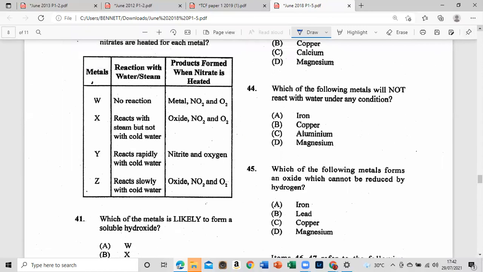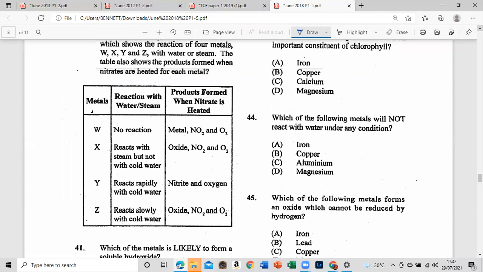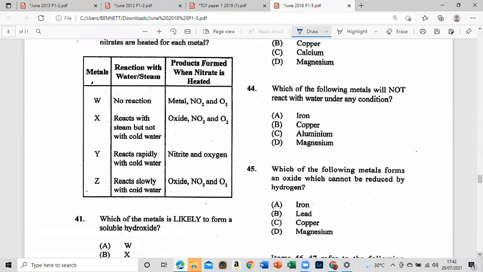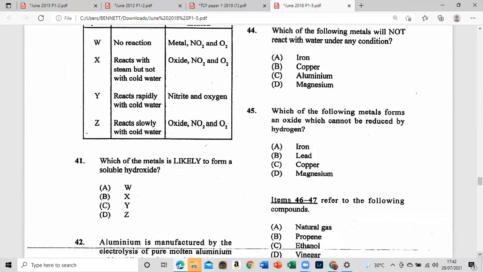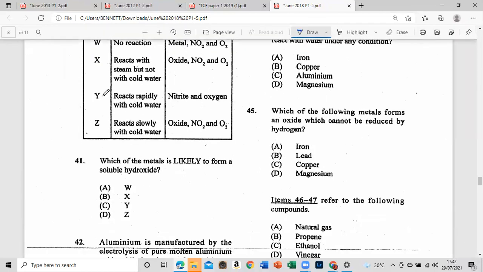Is it W, X or Y? Which of the metals is likely to form a soluble hydroxide? And that would be Y. So 41 is C.